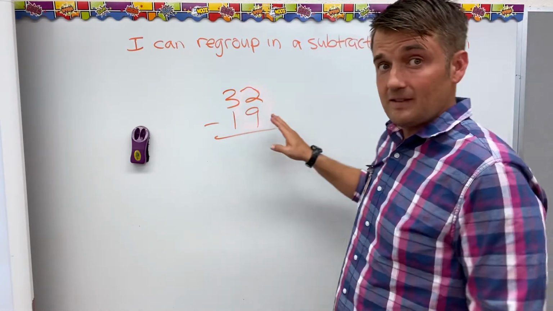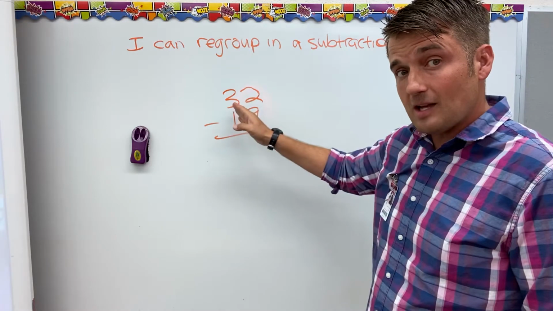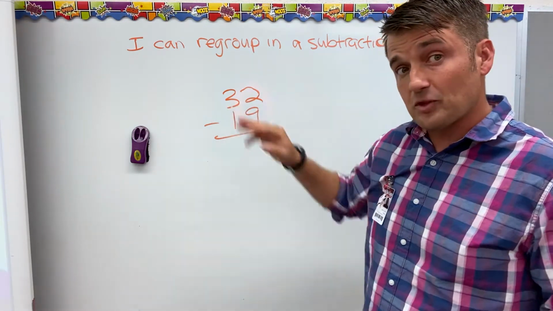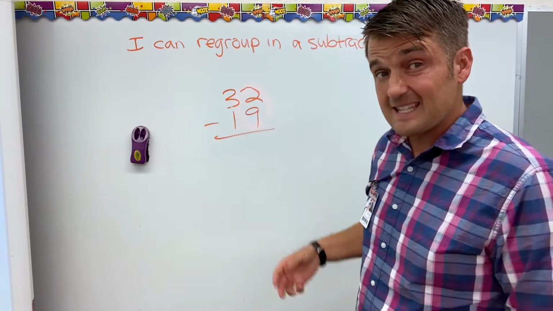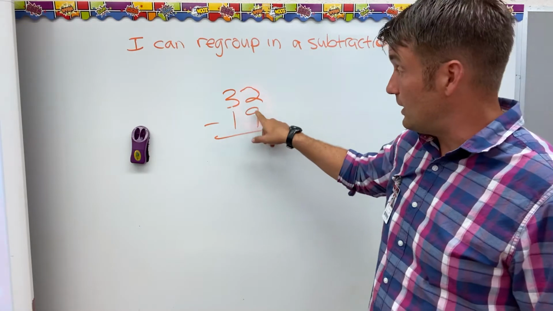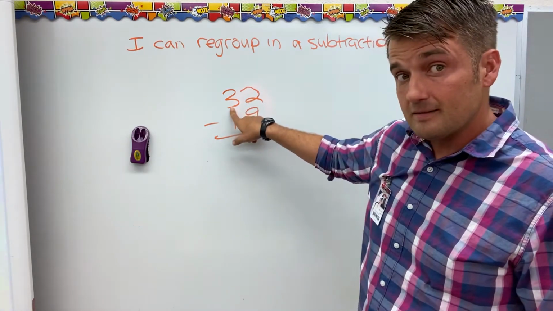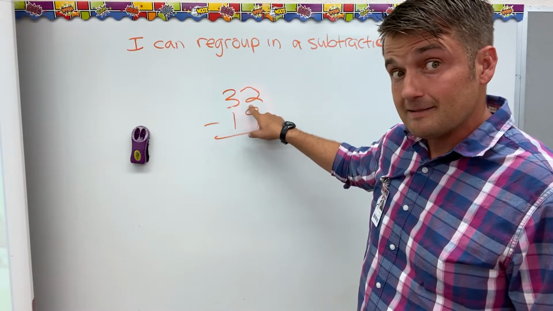This 2 doesn't have enough, so it needs to take some from the tens. I have 3 tens here, that's actually 30, right? That's more than the 9 I need. So the 2's neighbor here has some extra that he can give him. He can borrow it. It's borrowing.